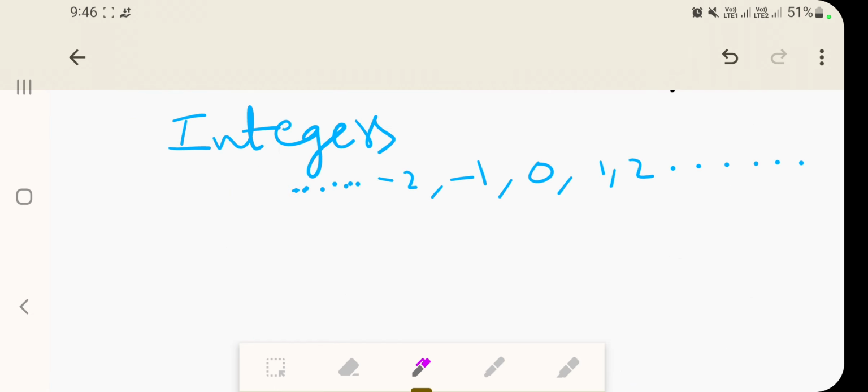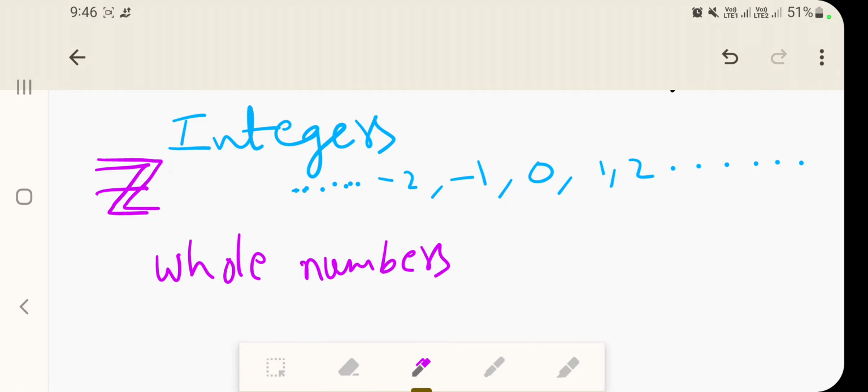I'll write that instead of telling you more and more times. So integers are represented with Z, the notation we use is Z. Now, next we have whole numbers.